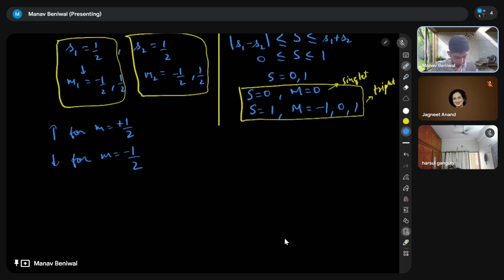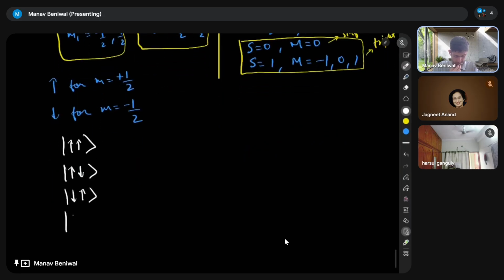These are up up, when both electrons have up spin, then up down, then down up, and finally down down.